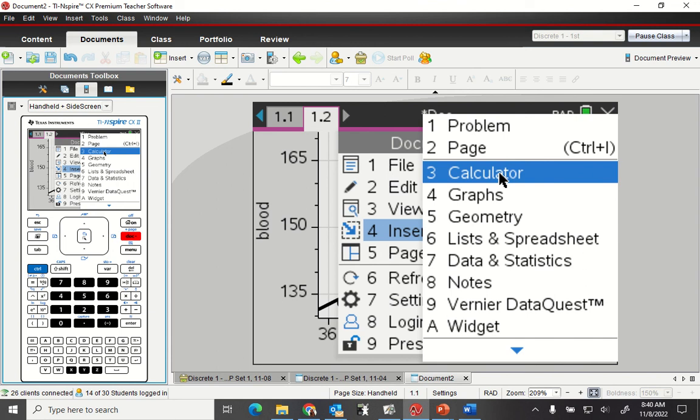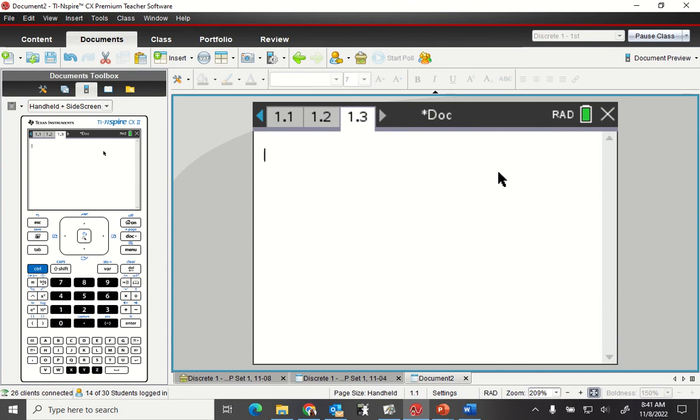So document, insert, calculator. Give you a second to finish writing it down. All right. Now let's see, menu.